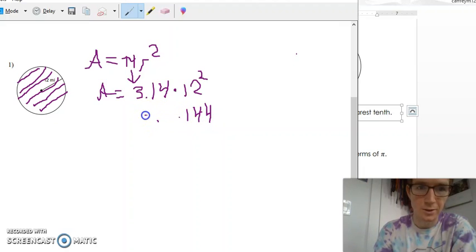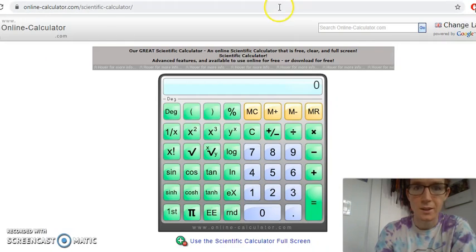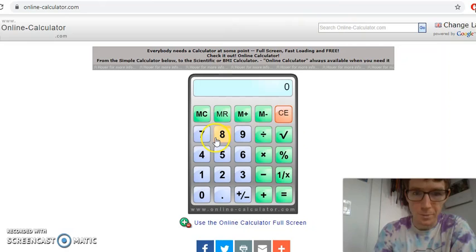So we just got to do whatever 3.14 times 144 is. So I got a calculator in here somewhere. Let's see. Okay. We'll use this one.